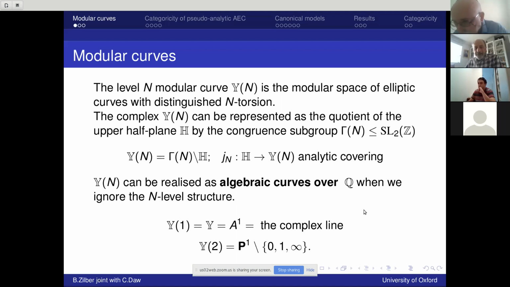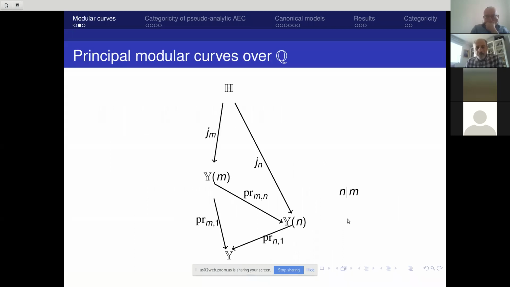And to give you a better feeling of what it is, here are examples. The very first curve is just a complex line, and over it, the second level is the very interesting, classical projective line minus 3 points, and then we have many more.